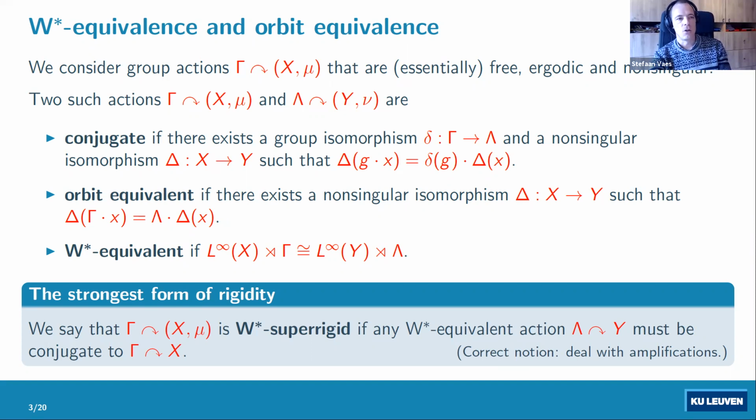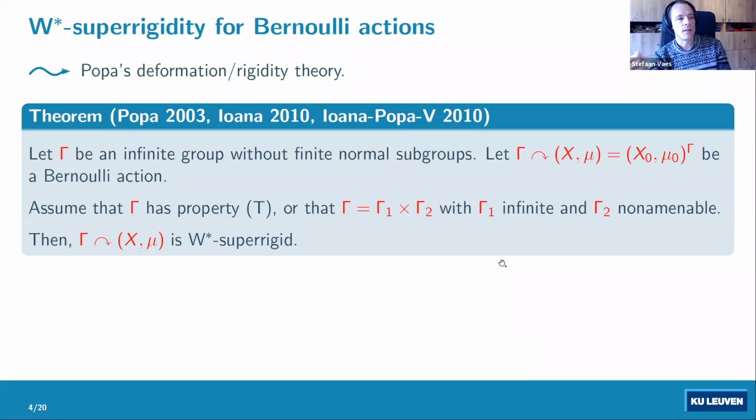And this is a notion and also a number of results that really fit into the so-called deformation rigidity theory of Sorin Popa. So let me start by quoting one of the earliest results of this nature. And that goes back really to the foundational paper of Sorin in 2003.